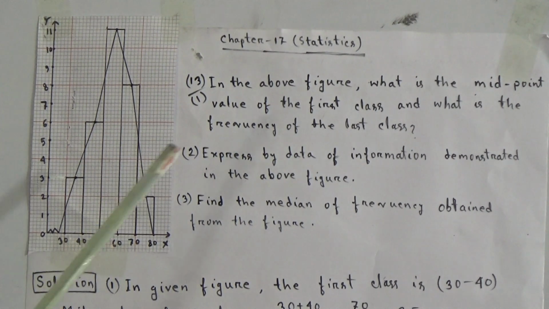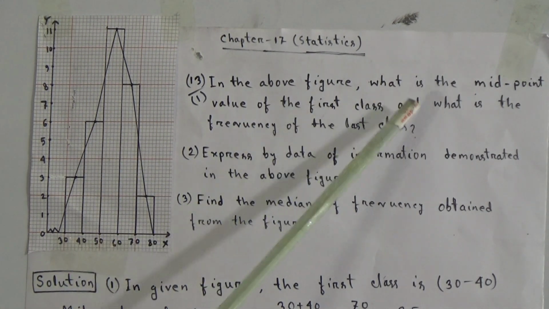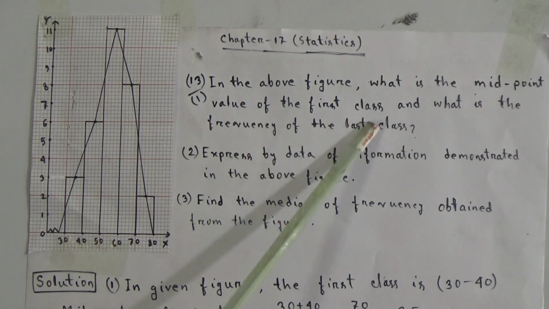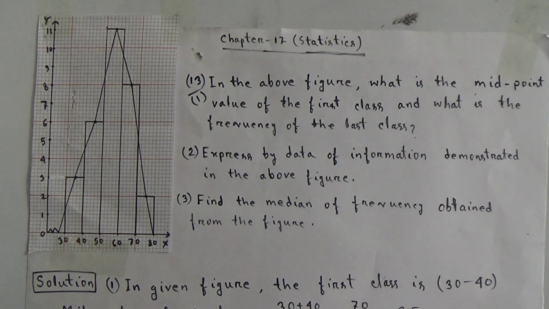You are watching a figure of a graph, and in the question it is written that in the above figure, what is the midpoint value of the first class and what is the frequency of the last class? Dear students, at first you have to find out the midpoint value of the first class.